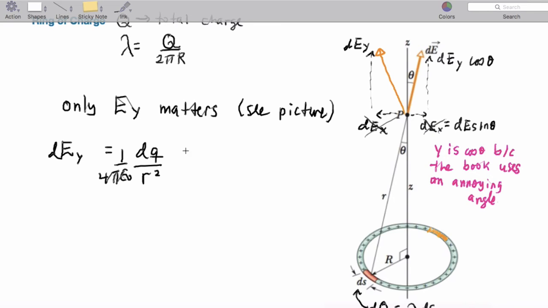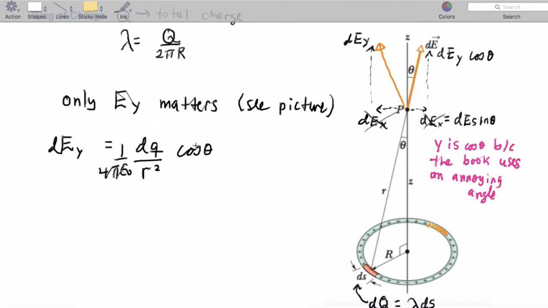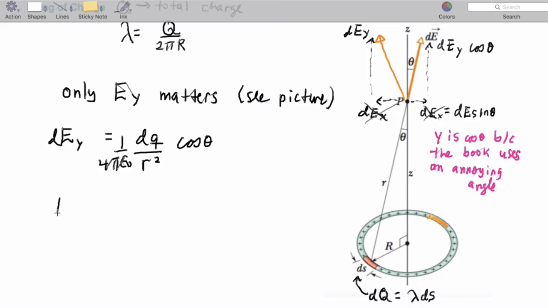And what we're going to need here is the cosine of theta as the component, because we're just doing Ey for the total E. And then to get E in the y direction as our total field, I'm going to take 1 over 4 pi epsilon naught and integrate dq over r squared times the cosine of theta.